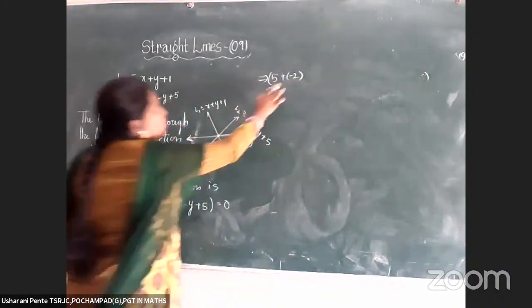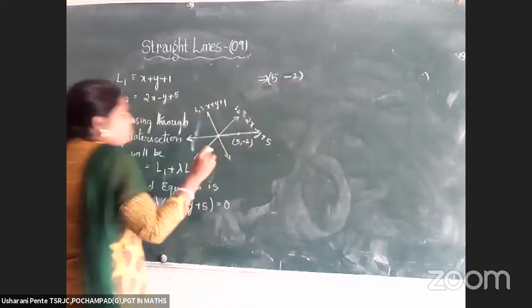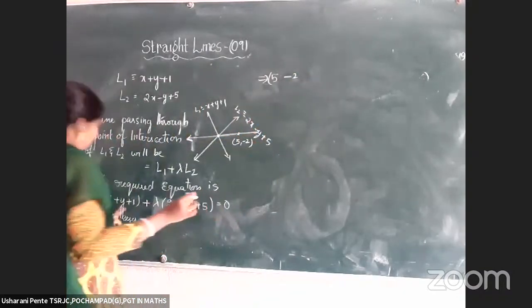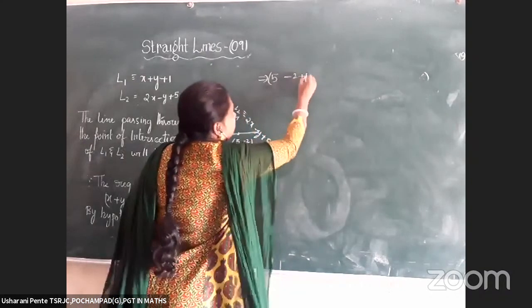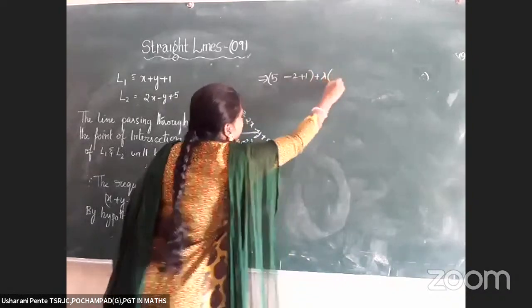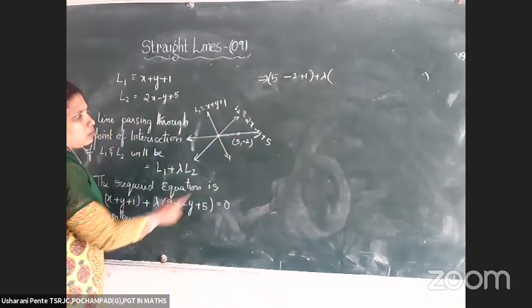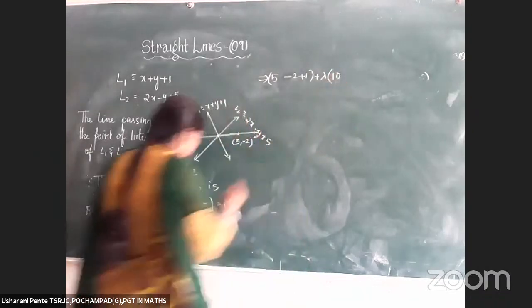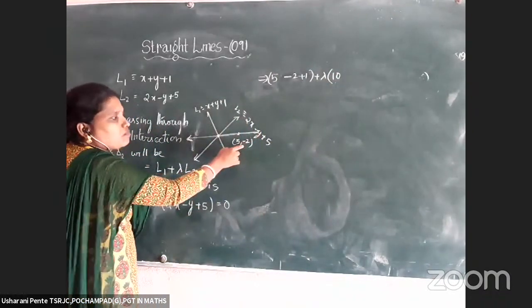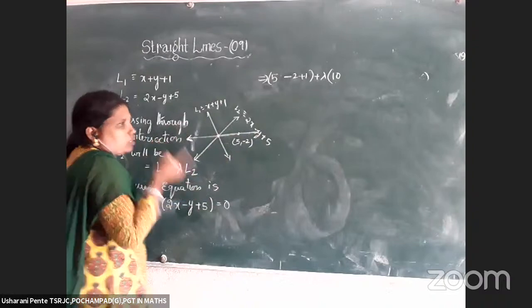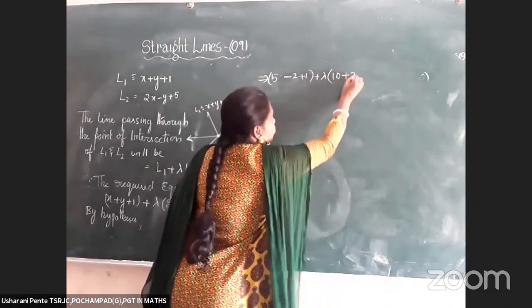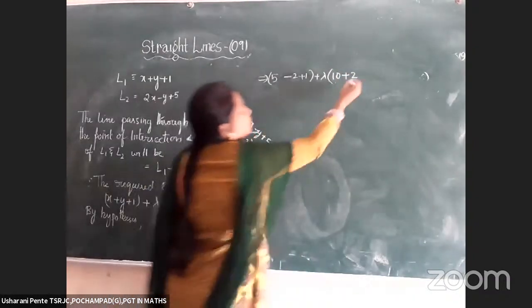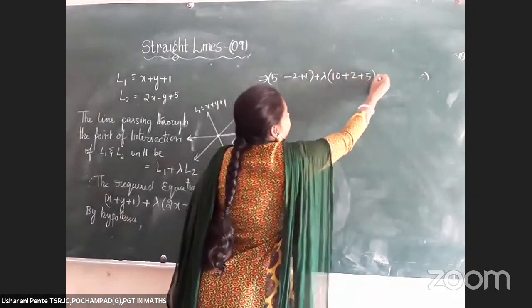Plus of minus will be minus, 5 minus 2, plus 1, plus lambda into 2 times x, 2 times 5 is 10, minus, here I have minus 2, minus of minus will become plus 2, plus 5 is equal to 0.